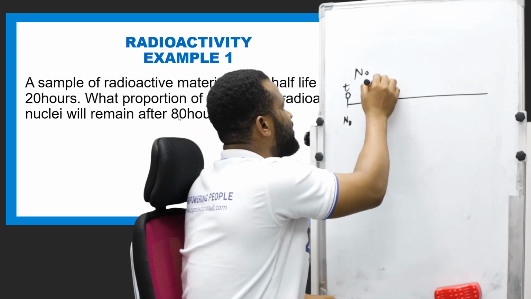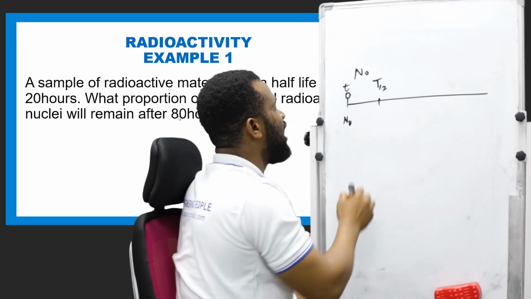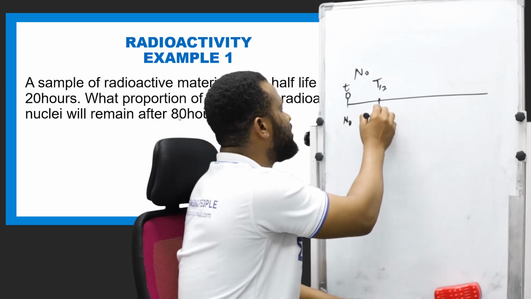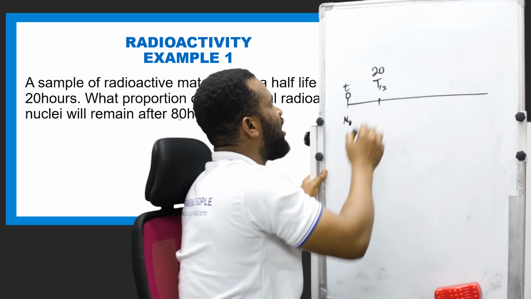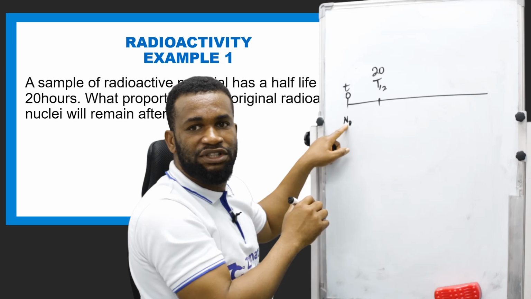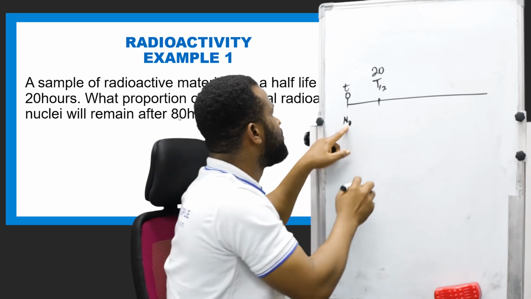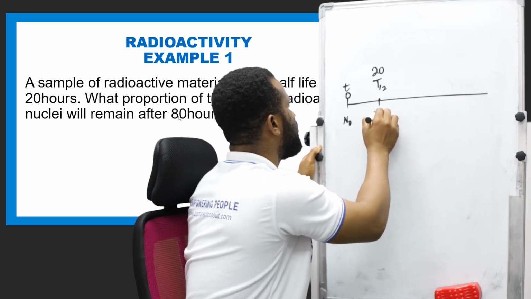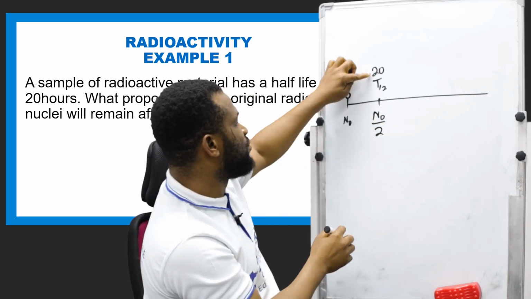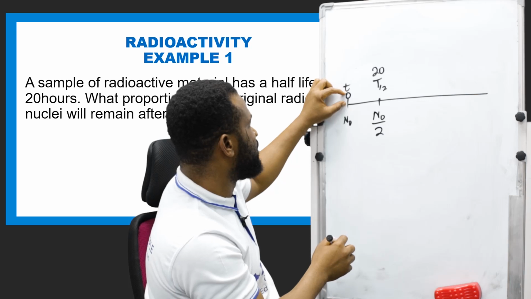So after the first half-life, and that half-life is what? 20. After the first 20 hours, what will be left of this quantity is going to be divided by 2. So this is going to be N naught over 2 after 20 hours. We are starting from here. This is the beginning.